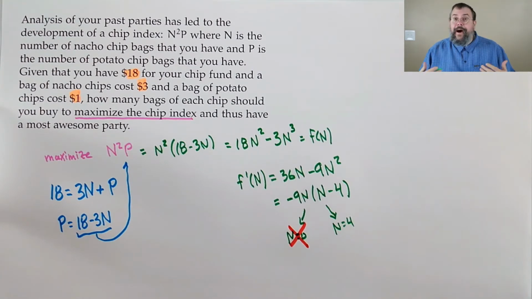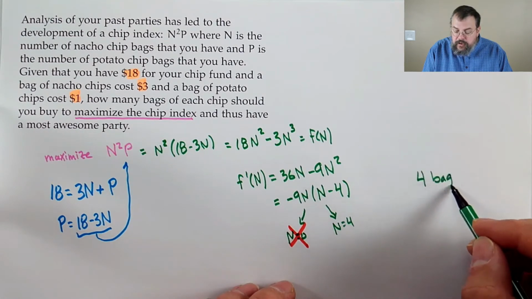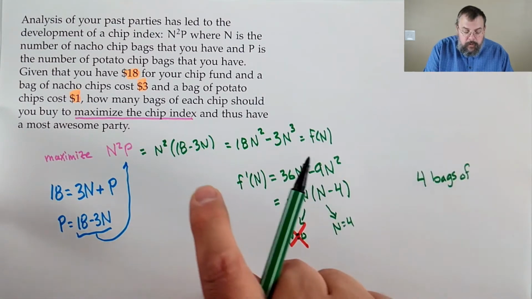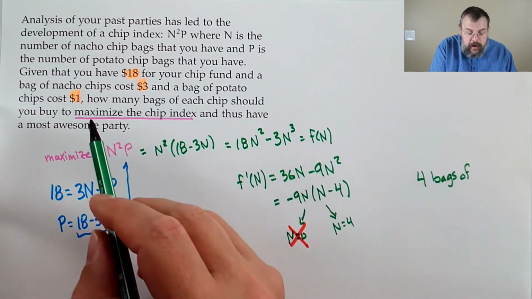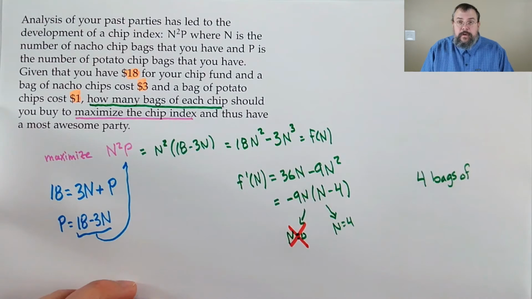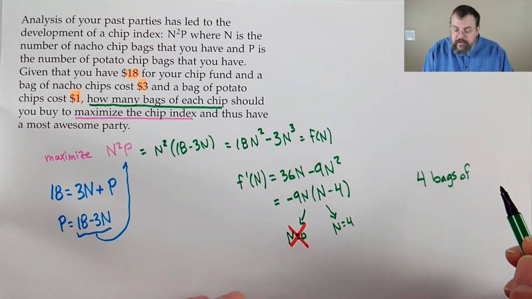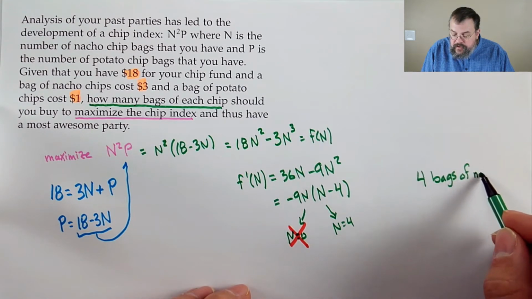All right, well, oftentimes if there's only one answer, that's our answer. So we can say, all right, we need 4 bags of nachos. Good, because remember, what are we looking for? Our answer is how many bags of each chip should we get? So we need to say, what are the bags? How many of each bag do we need? So 4 bags of nachos.